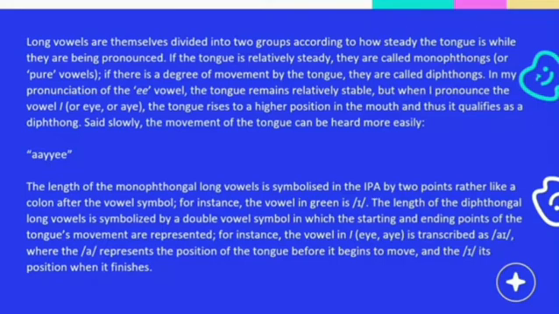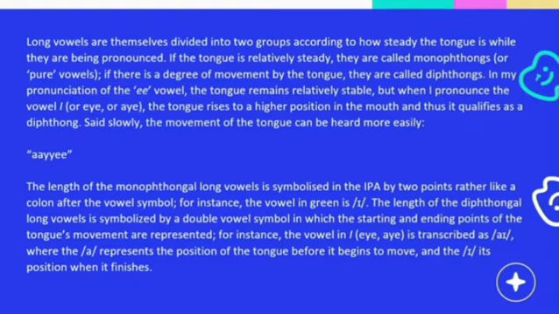A. The length of the monophthongal long vowels is symbolized in the IPA by two points, rather like a colon after the vowel symbol. For instance, the vowel in green is E. The length of the diphthongal long vowels is symbolized by a double vowel symbol in which the starting and the ending points of the tongue movements are represented.